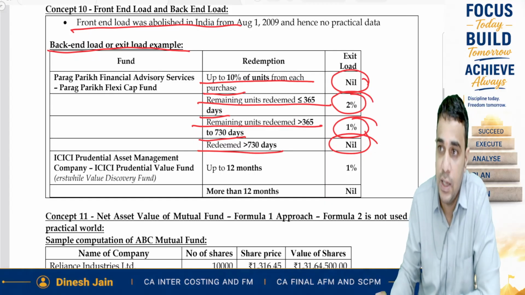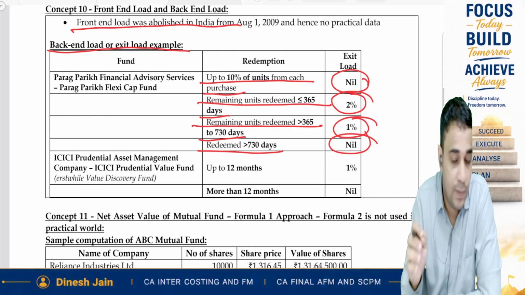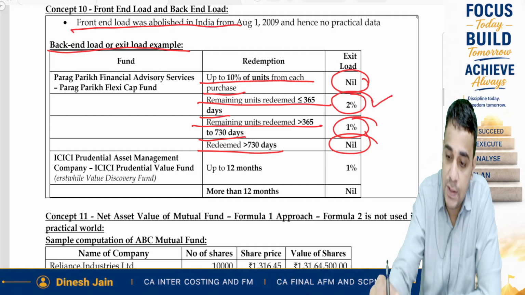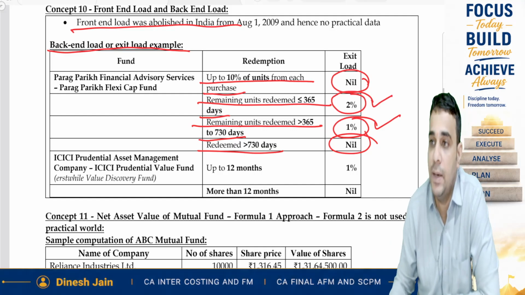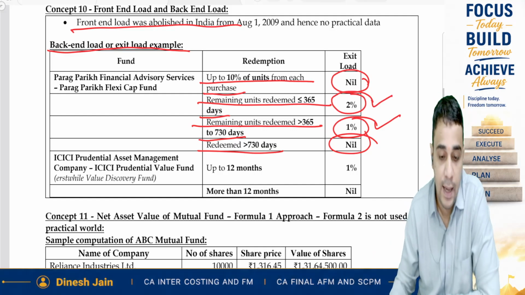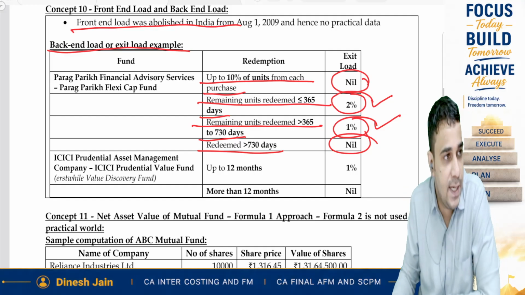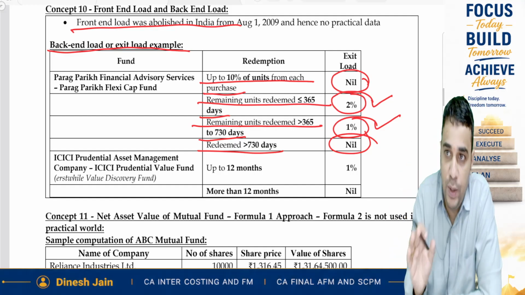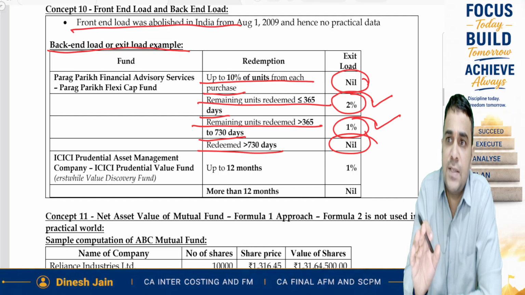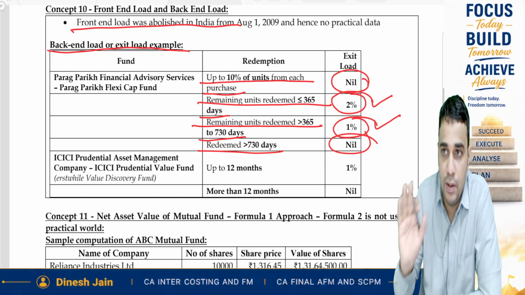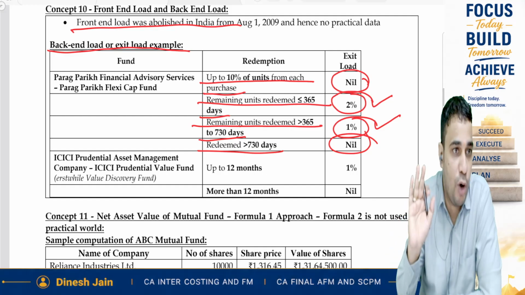Exit load means if the NAV is 20, I will subtract 2%, 1% and give you the money. Parag Parikh Flexi Cap Fund says, if you have bought 1 lakh units, up to 10% of the units, I will not disturb you. Up to 10%, please take it, no problem.